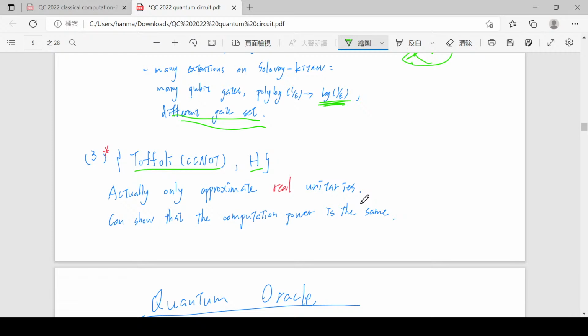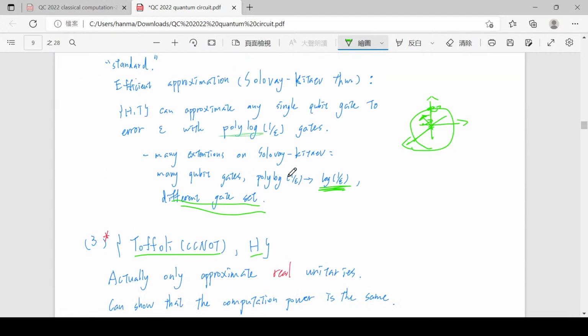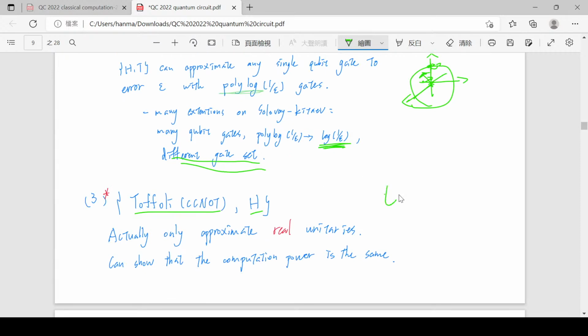But it's still universal computation, because if there's a complex unitary U you want to do, you can write it in its real part and imaginary part, although they are non-unitary, and use Hadamard and Toffoli to do some real computation, and you can get the same measurement outcome probability as the unitary you want to do.